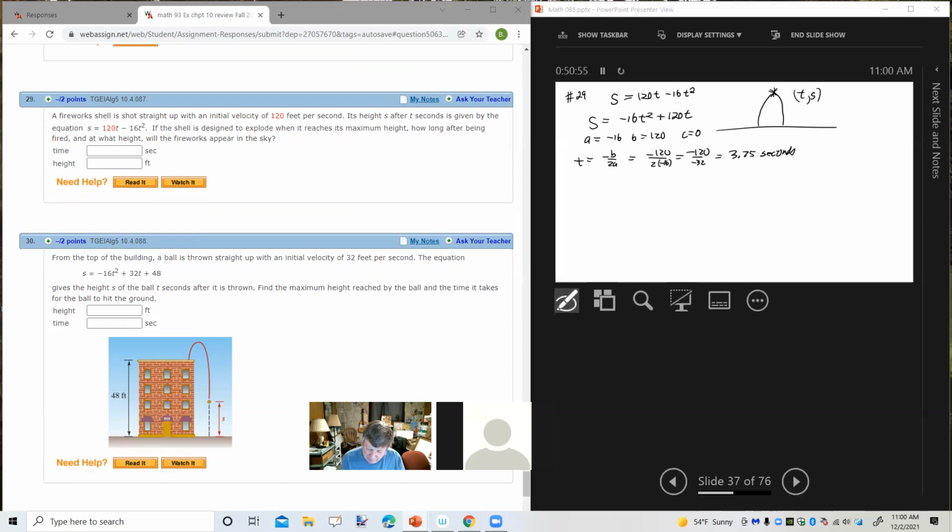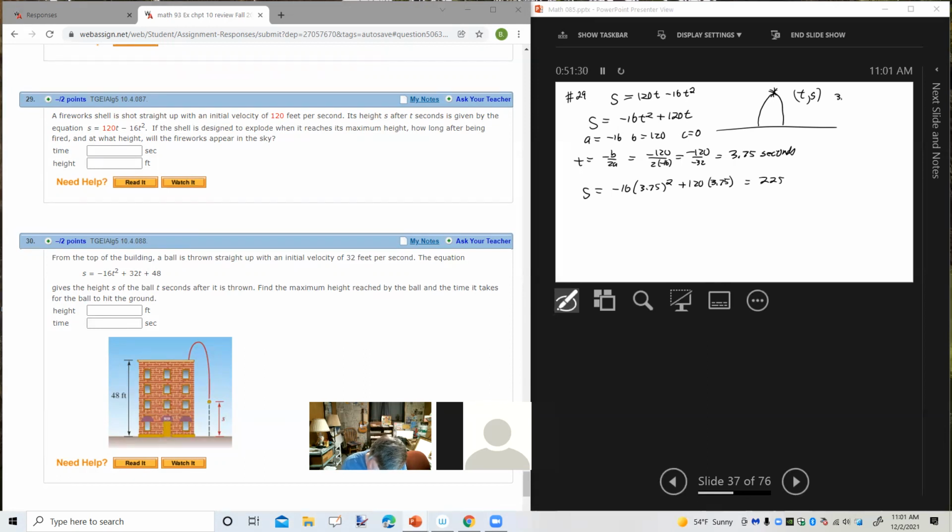Now, how do we find the S value? We put in 3.75 for the time. So S equals negative 16 times 3.75 squared plus 120 times 3.75. Calculator time, negative 16 times, let's see here, 3.75 squared plus 120 times 3.75, and I get 225.